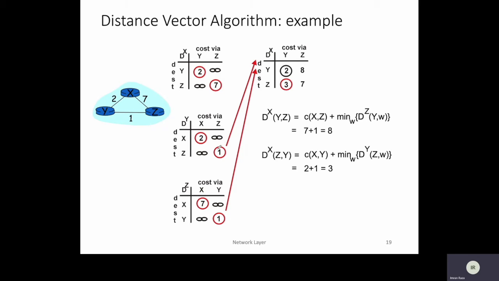So what is the update message from y? What do you think? What y has to tell to x? So y has two costs here. The first cost is to reach from y to x. Probably x won't be interested in this cost, right? So what about the second cost here? The cost to reach from y to z is 1.